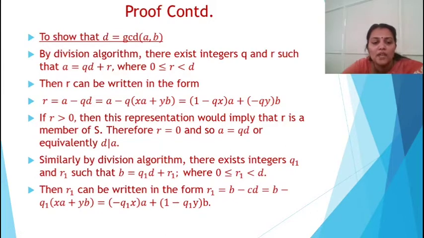Then r1 can be written as r1 equals b minus q1d, which is b minus q1 into (xa plus yb), which equals (minus q1x) into a plus (1 minus q1y) into b.